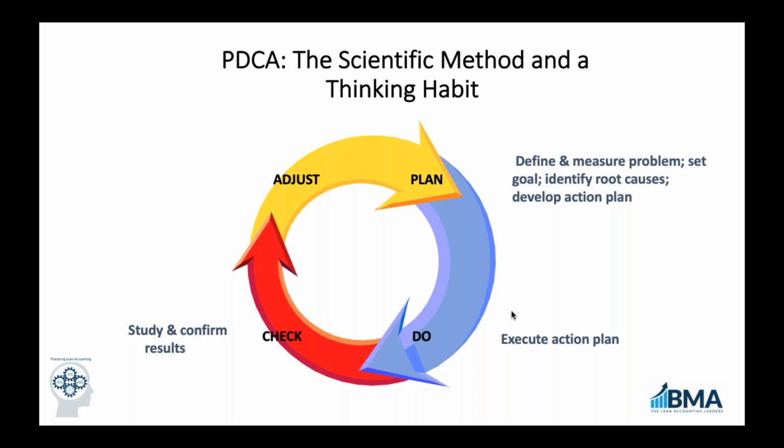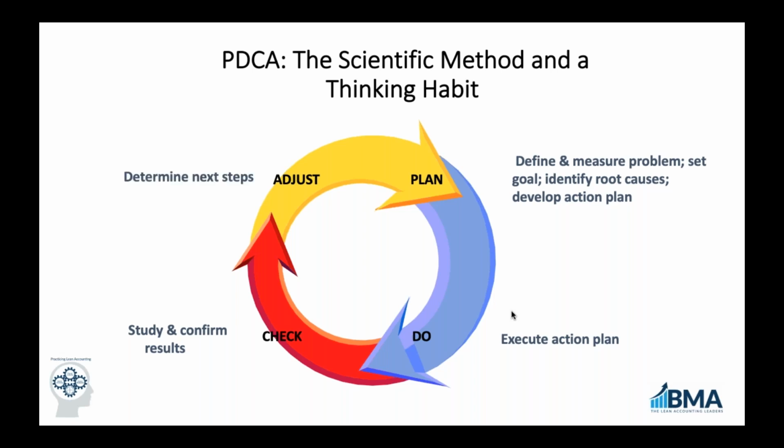Regardless, you want to confirm the results of the action plan. Did we achieve what we thought we were going to achieve in the plan step? And we want to study this. We want to understand, if we achieved it, how and why. If we didn't achieve it, how and why.